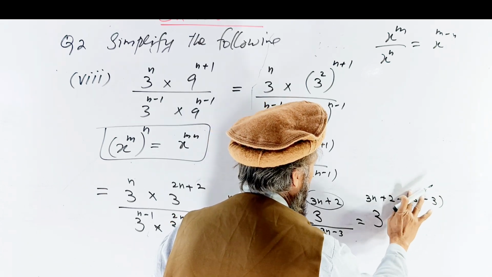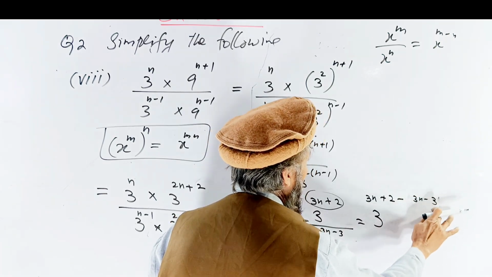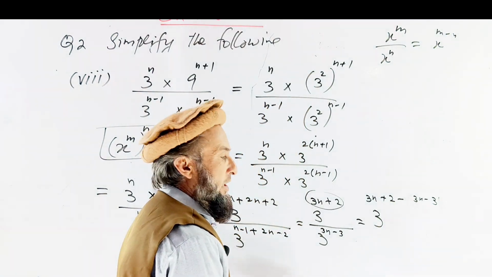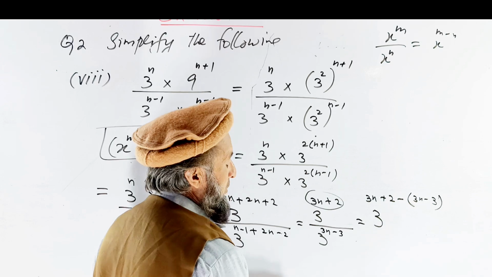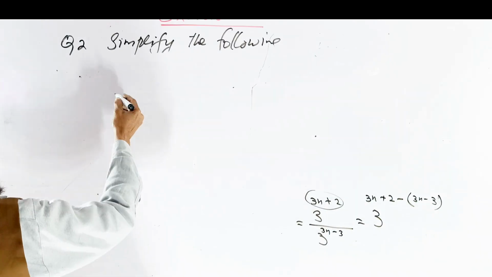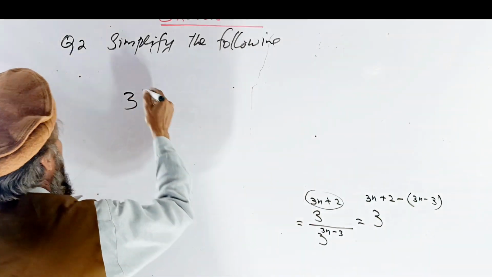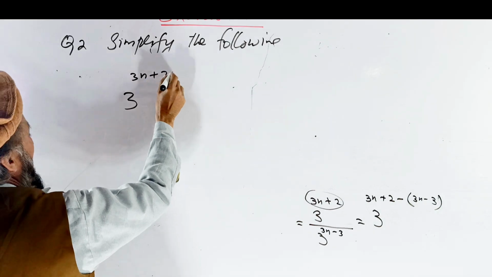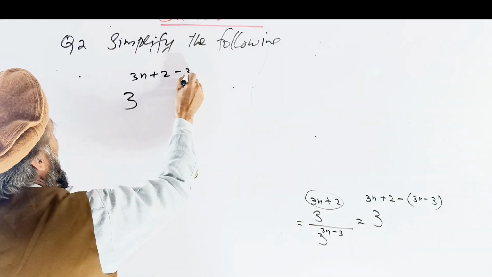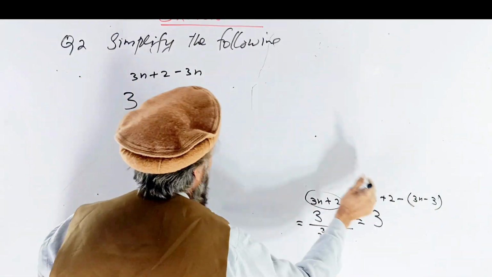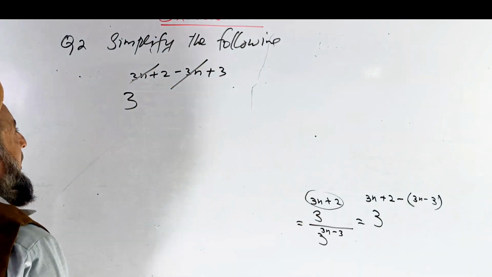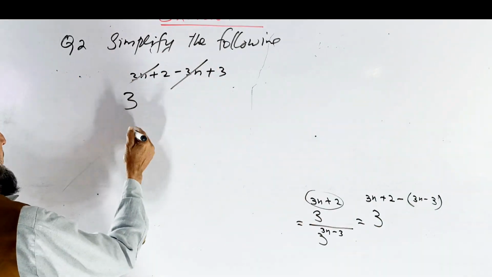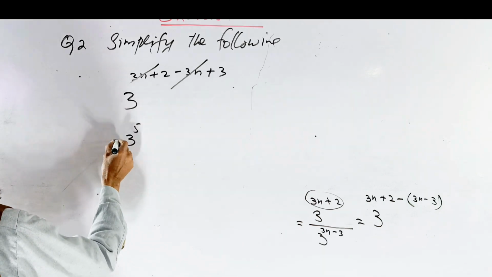Some students make a mistake by not using brackets, and your answer becomes wrong because this minus affects the brackets. So 3n plus 2 minus 3n, minus into minus plus 3. 3n and minus 3n are cancelled, and 2 plus 3 we get 5.